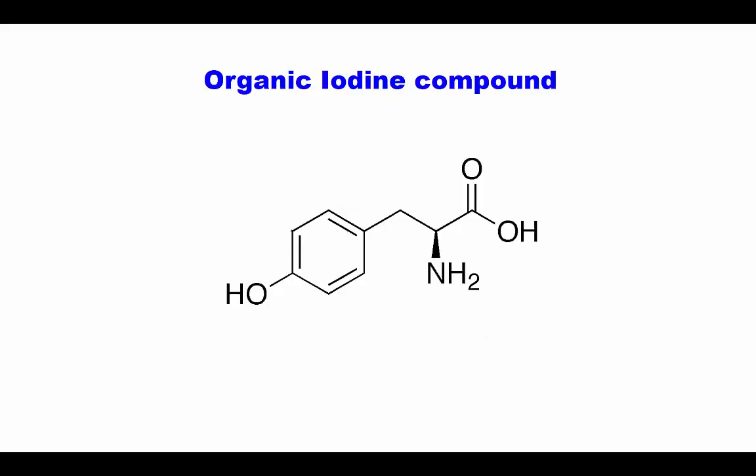More important, compared to metals, iodine is easier to incorporate into organic molecules. What is this molecule? This is tyrosine. And here, it's possible to introduce iodide utilizing organic chemistry.